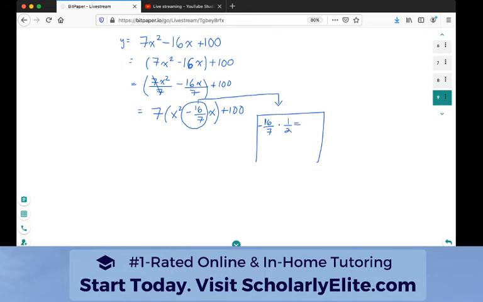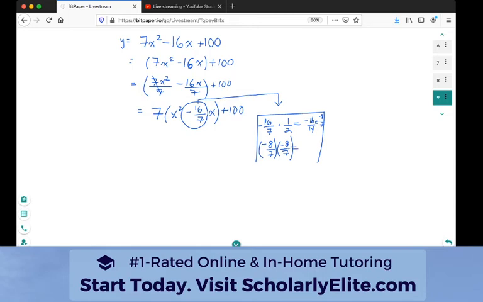And then here we've got negative 16 over 14, which we can also say as negative 8 over 7, because we're reducing it. And then we take that negative 8 over 7 and we multiply that bad boy by itself.